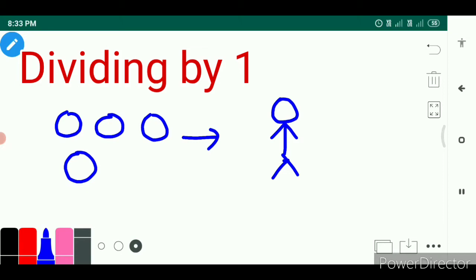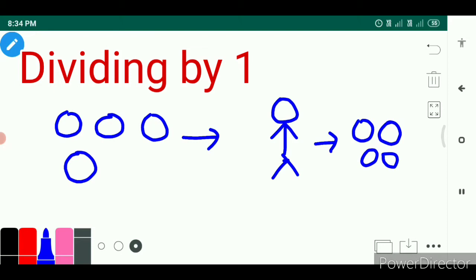That person will get all the 4 balls. So if we divide any number by 1, we'll get the same number.